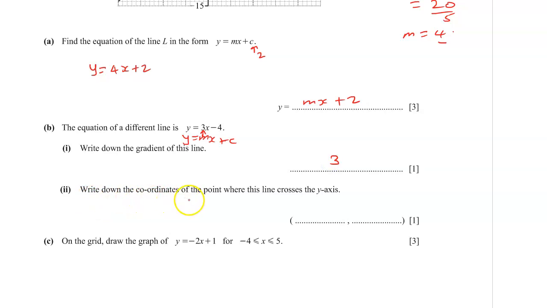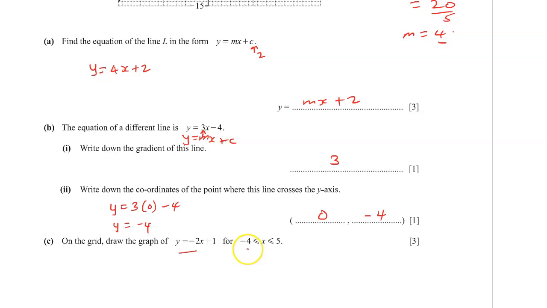Write down the coordinate of the point where this line crosses the y-axis. Of course, x is 0. Therefore, if x is 0, y equals 3 times 0 minus 4. Therefore, y is minus 4.